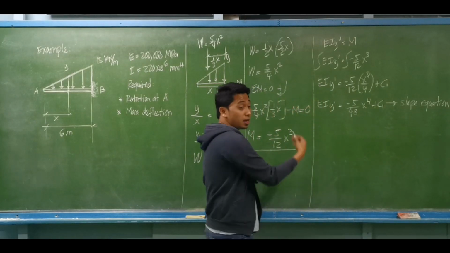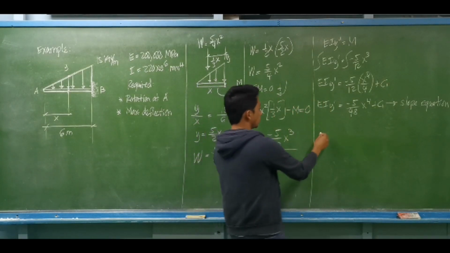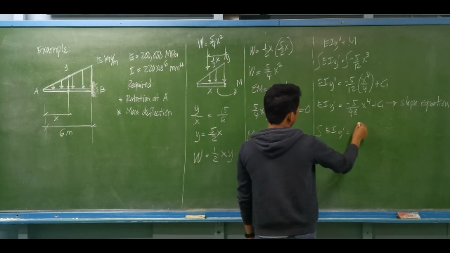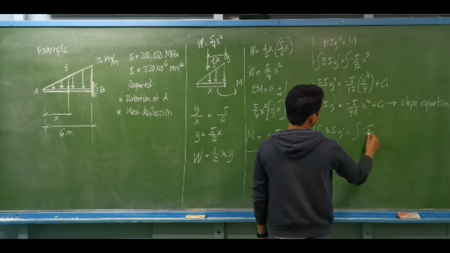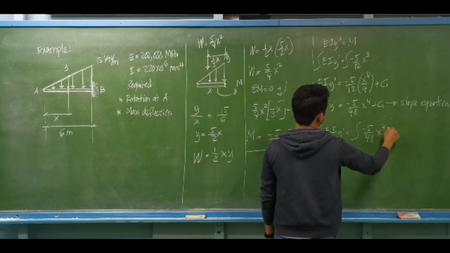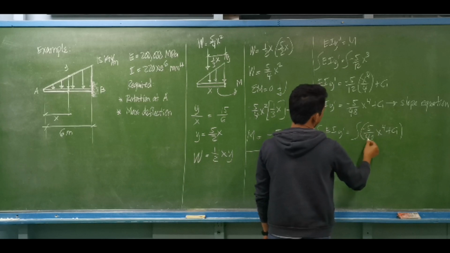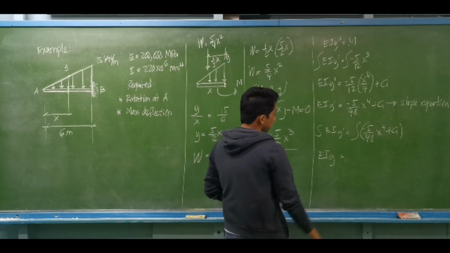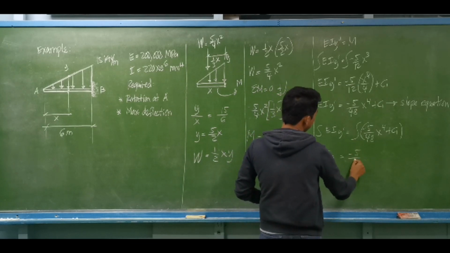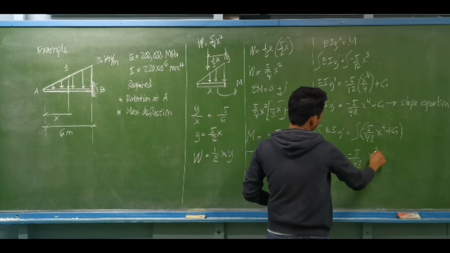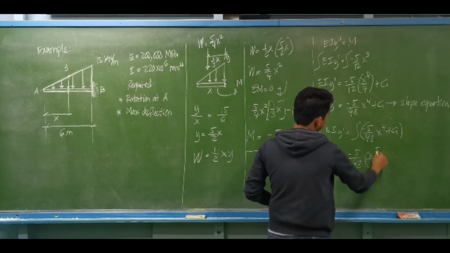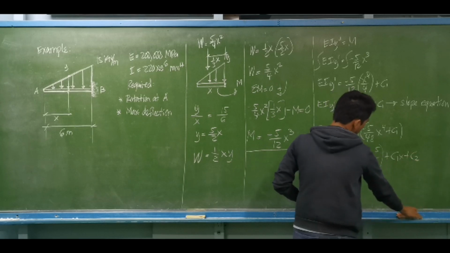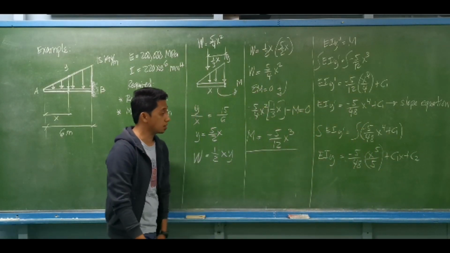Alright, we again integrate the slope equation. The integral of EIy prime is equal to the integral of negative 5 over 48 of x to the fourth plus c sub 1. So EIy is equal to negative 5 over 48 multiplied by x to the fifth divided by 5, plus c sub 1 x plus the second arbitrary constant.